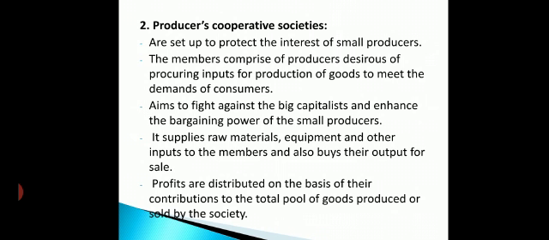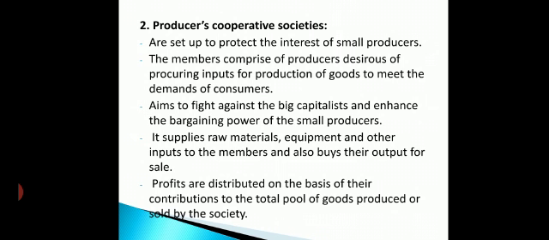Now there are small producers who are desirous of purchasing raw material or getting some assistance, like if they want good equipment or other inputs for manufacturing purposes, but as they are manufacturing goods on a smaller scale, they are unable to get bargaining power; they don't have bargaining power at all. So such producers come together and form a producers cooperative society.